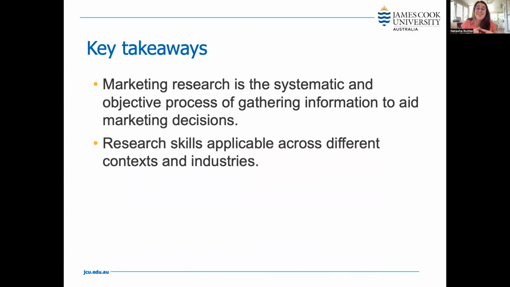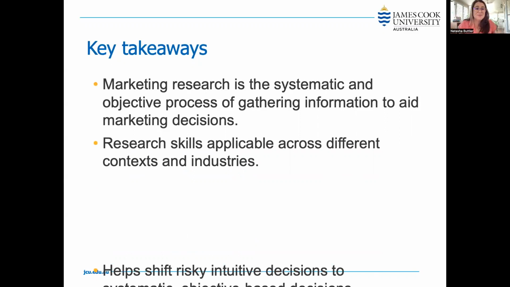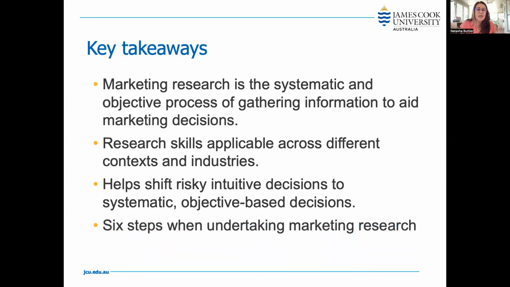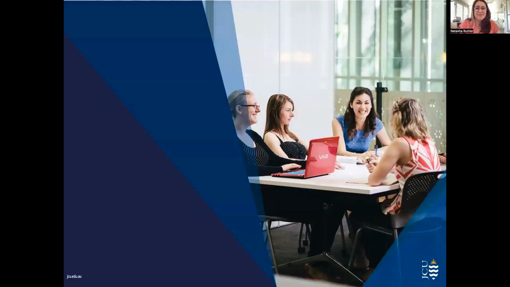So what you learn in this class, you'll be able to take and use at any type of organization. Market research helps shift risky intuitive decisions to systematic, objective-based decisions, which is so important. By having our research, we are more likely to have a positive result. And you should also now understand the 6 steps we use when undertaking our marketing research.